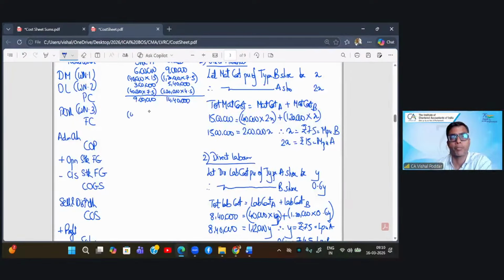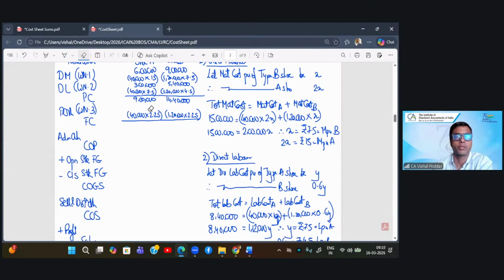So again, 40,000 into 2.25 and 1,20,000 into 2.25. This will be my production overheads, and the total of this will be my factory cost or production cost. Call it production cost, call it factory cost. 80, 90.